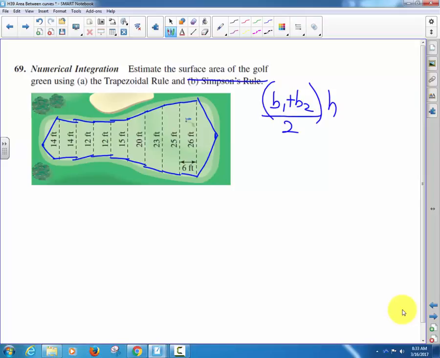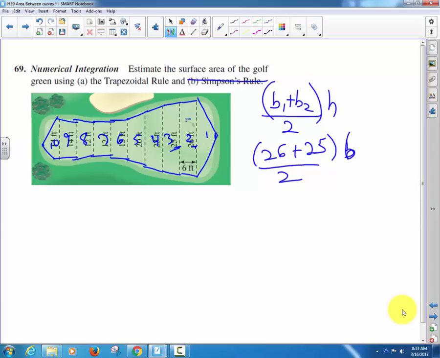Well, let's take this trapezoid that I've got number 2 right here, for example. If we take this one, B1 is this 26. B2 is the other side, 25, divided by 2. The height is the distance between them, which is 6.